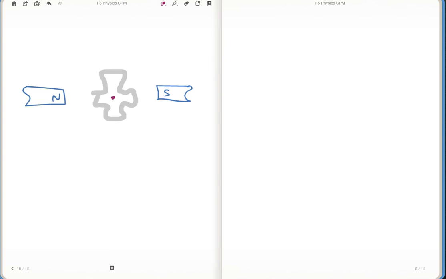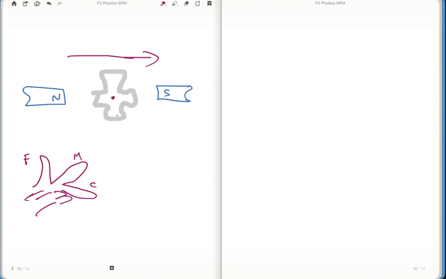Now what happens if you remember your family left hand? You have father, mother, children. Here the magnetic field is to the right. Current is coming out from you, meaning the fingers should be pointing this way, because current follows positive to negative and electron moves in the opposite direction.